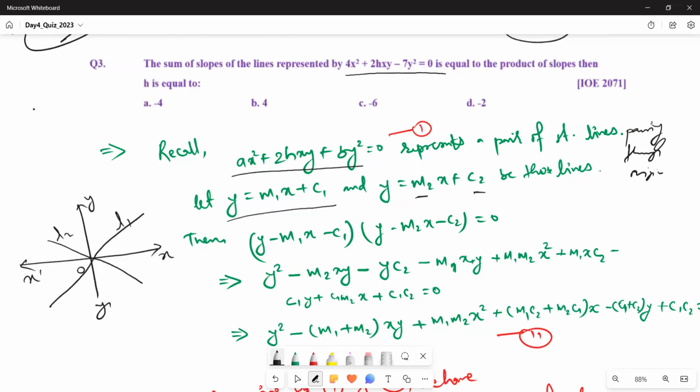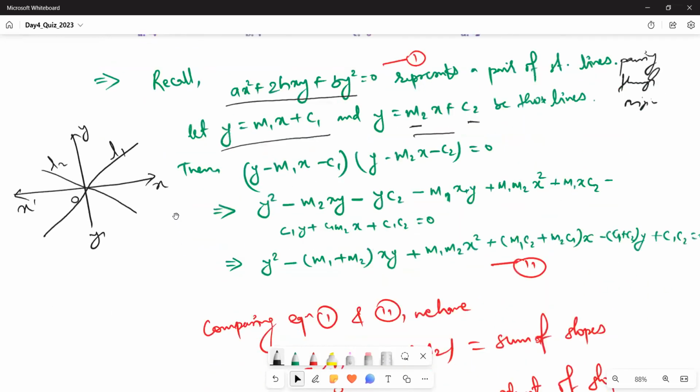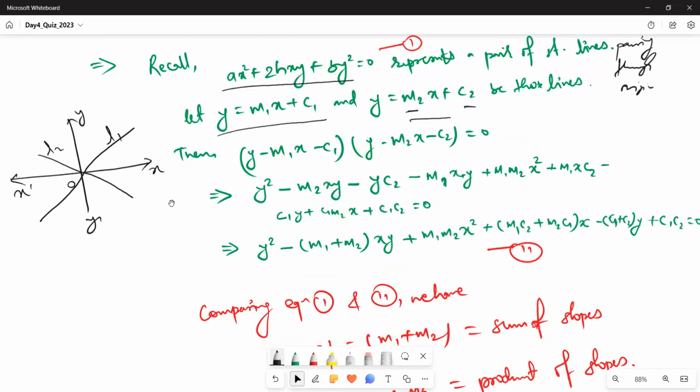Then when you transpose these terms to the left and calculate the product of both of these, you'll get these conditions, right? So y minus m1x minus c1 times y minus m2x minus c2. When you multiply each of these terms and do some simplification, you'll have this.